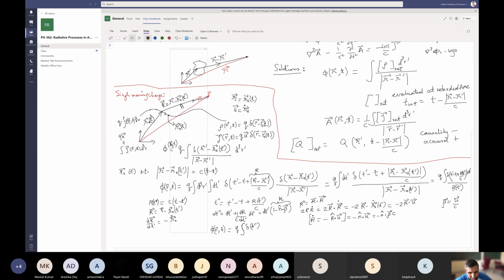So dt prime equals dt double prime divided by 1 minus n hat dot beta. And capital R at t prime, so divided by R. Right, so this is what we have.